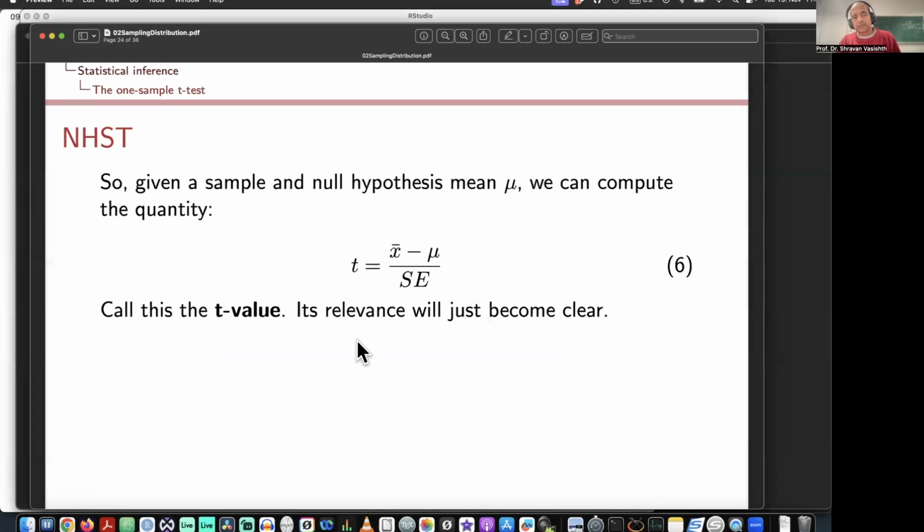So the upshot of this is that whenever we compute a sample mean and a standard error, we are going to transform that to this t value here. This is called the t value, or I will call it the observed t value because it's observed based on the data. And as you will notice, the sample mean has its own distribution, the normal distribution, that's the sampling distribution of the sample means.